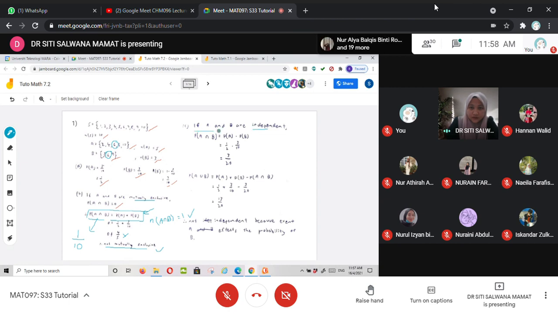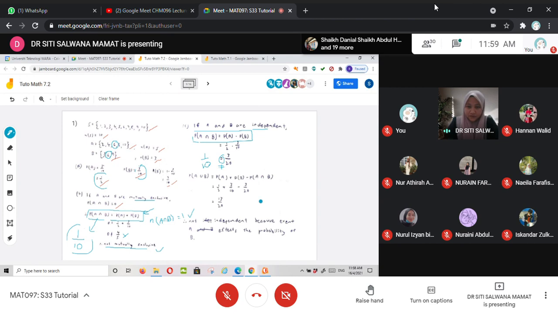This is your rule: you have to prove that the probability of A intersect B, the left hand side, must equal the right hand side, the probability of A times the probability of B. The probability of A intersect B is 1/10, as we found earlier. Multiplying A and B, half times 3/10, you get 3/20, which is not equal to 1/10.